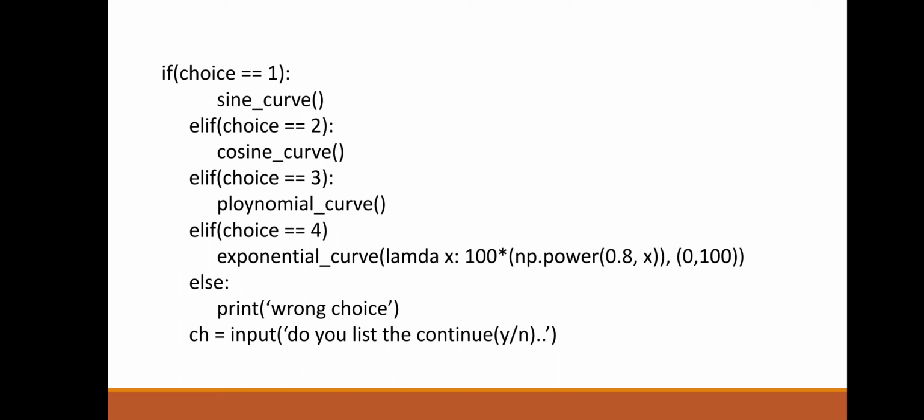If we choose 1 then it has to display the sine curve, if we choose 2 then it has to display the cosine curve, if we choose 3 it will display the polynomial curve, and if we choose 4 it will display the exponential curve. Or else if we choose any other integer, it will show wrong choice. Then we will ask whether to continue, taking ch as an input.